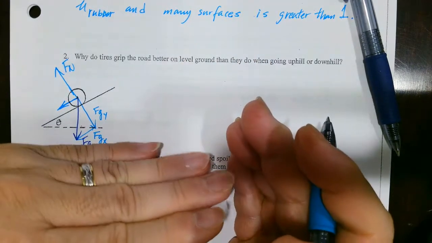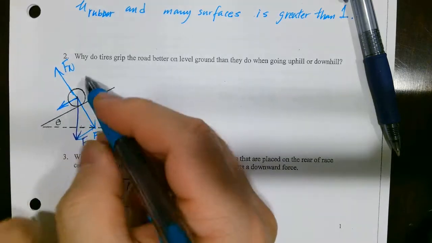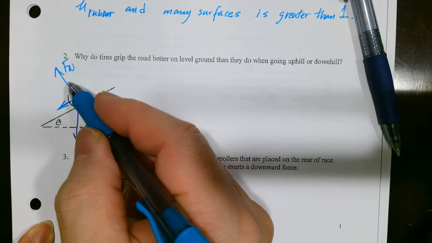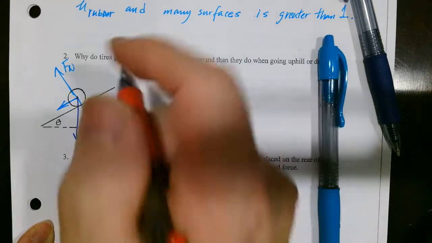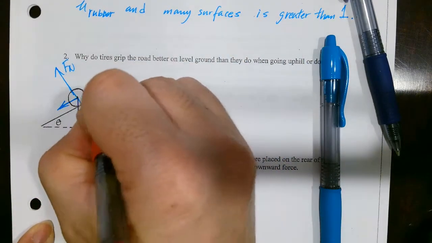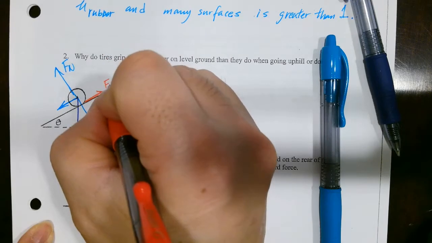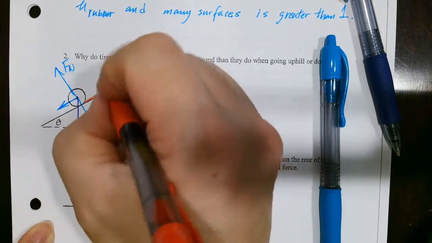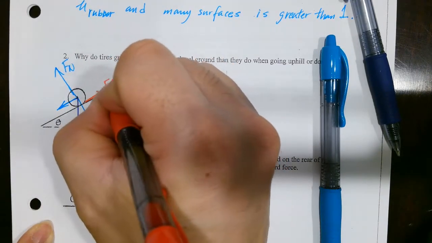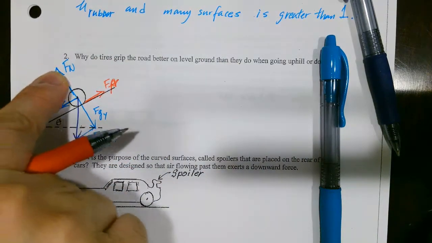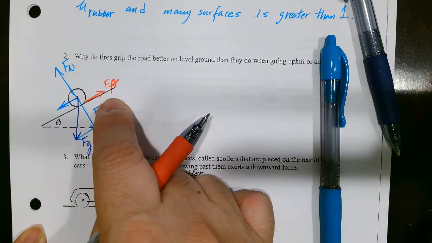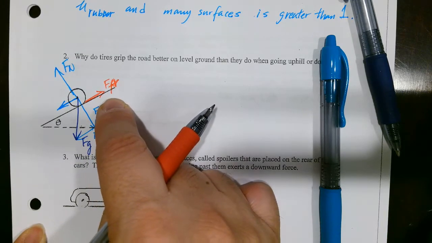As the incline increases, the angle increases, and my normal force goes smaller and smaller. And frictional force depends on your normal force. So as your normal force goes smaller, your tire's grip gets smaller, okay?